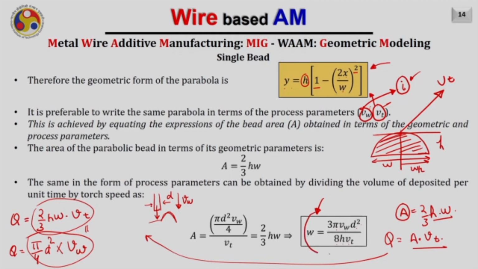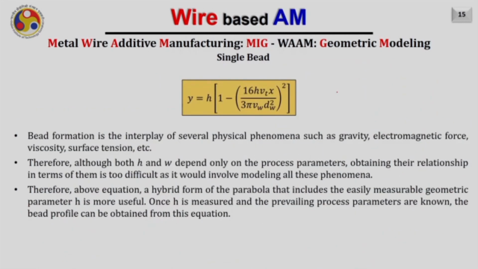Now, from this equation, I can replace the value of W in the equation we derived for the shape of the bead. As you can see, the equation is a function of the process parameters Vt and Vw both.